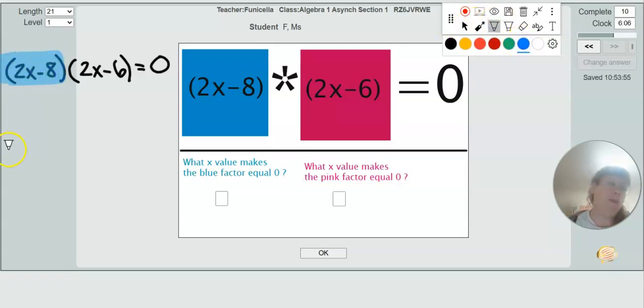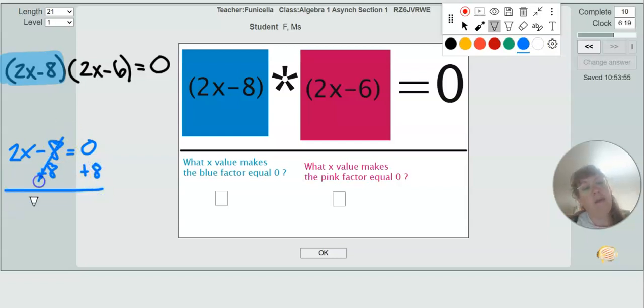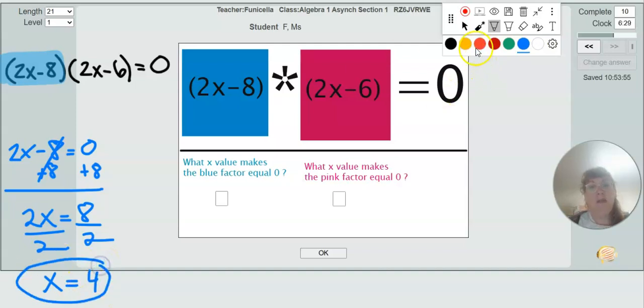I'm going to take that blue factor and set it equal to 0. Now to solve this, the first thing I'm going to do is add 8 to both sides. Negative 8 plus 8 cancels, so we have 2x equals 8. And then divide both sides by 2, and we get x equals 4.